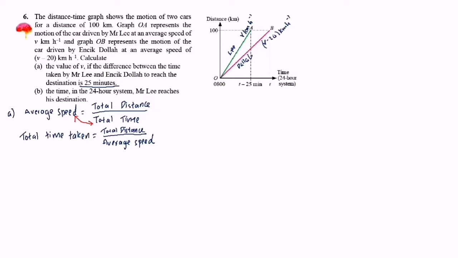Total time taken by $, total distance is 100 km over the average speed v minus 20. So total time taken by $, minus total time taken by Mr. Lee will equal to 25 minutes.